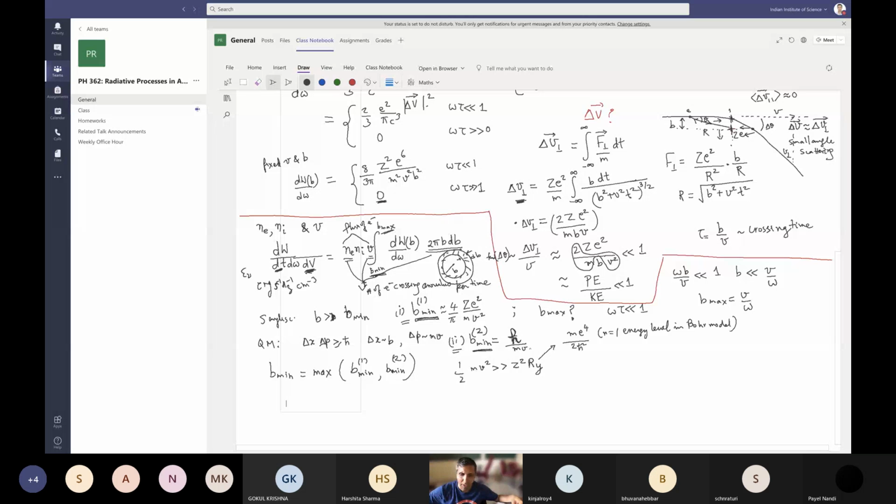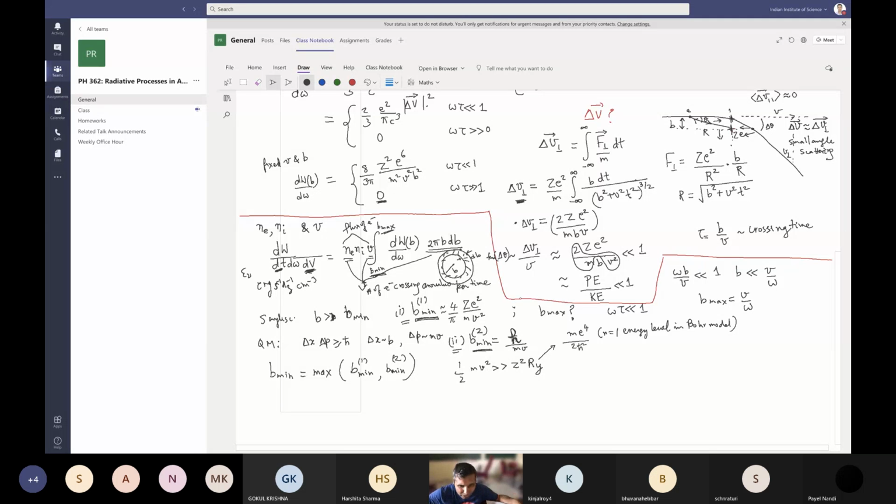So if your kinetic energy is much bigger than this quantum binding energy, then you can use the classical formula.